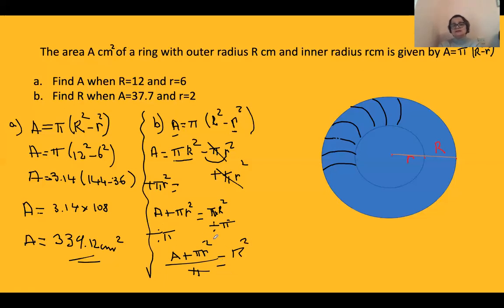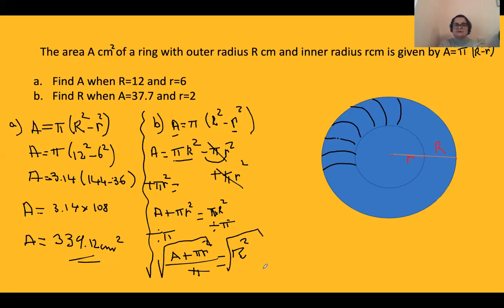Now, at this stage, we don't have any other variables on the right-hand side, it's just R. But R is not just R, it's R to the power of 2. So we have to get rid of the square. And how do you get rid of a square? By applying the opposite operation, which is square root. So we have to square root both sides.